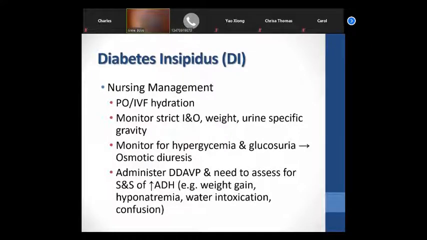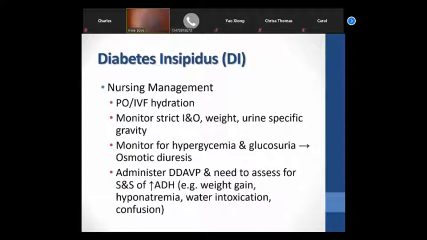And then your urine specific gravity has to also be monitored, because remember that as your specific gravity goes closer to 1, then it's water. It's more dilute. As it goes above 1005, toward 1010, 1020, you're looking at a more concentrated urine.